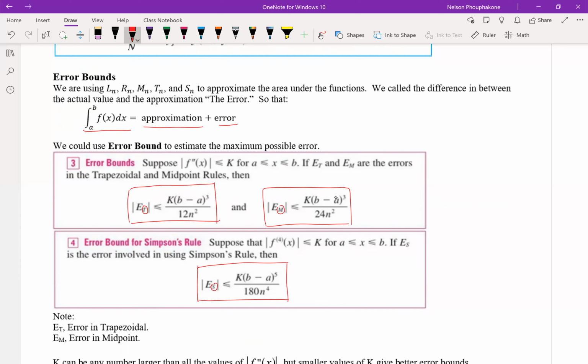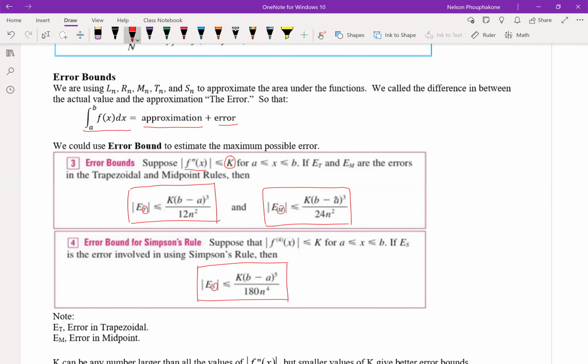You will see that in order to find the error band, we are going to work with the K value. What is K? K is greater than or equal to the absolute value of f double prime of x. So what does K mean?